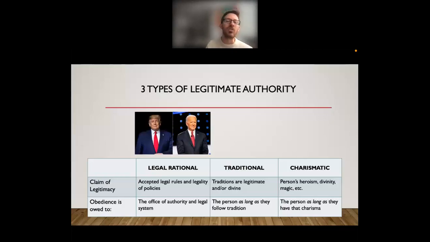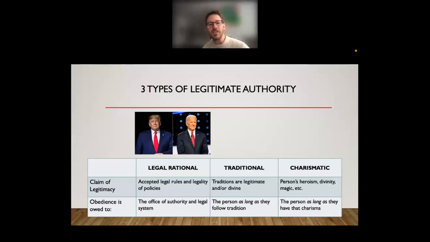Meaning you still need to follow him because he is the president, and we have all, as members of the country, accepted this legal system. That is not to say that the detractors did accept the legal system, but a legal rational system would be one in which the populace does accept the authority of whoever is in office.